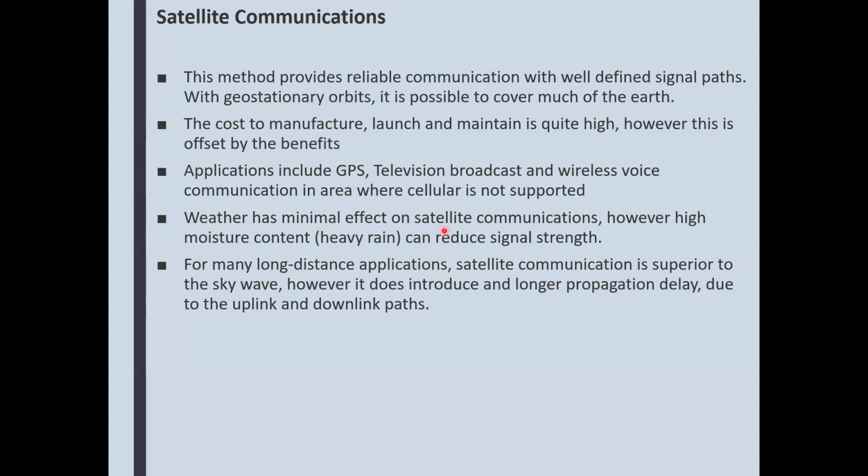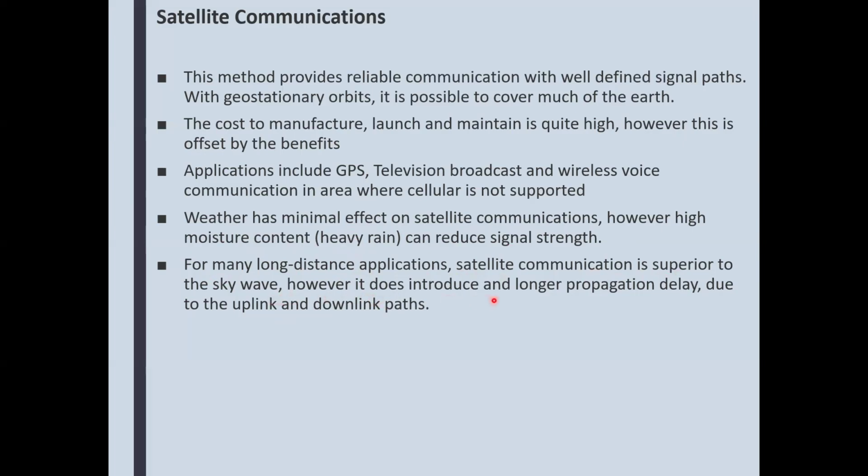Weather has minimal effect on satellite communications. However, high moisture content, such as heavy rain, can reduce signal. So that's a little bit of a downfall. For many long-distance applications, satellite communication is superior to skywave.